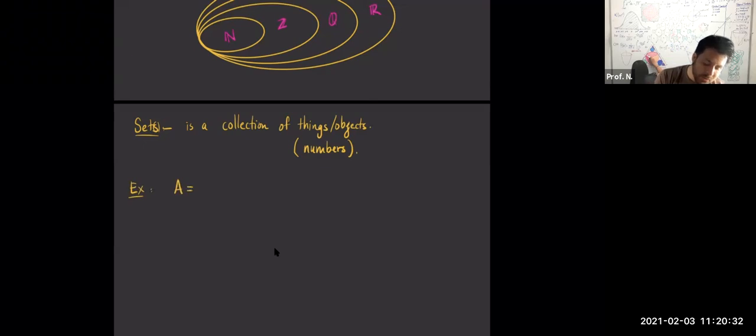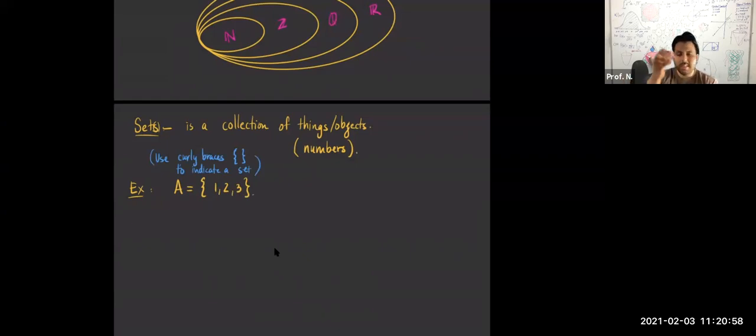We're going to use curly braces to indicate a set. So when we say, for example, A includes the set 1, 2, 3, A is a set that includes the numbers 1, 2, 3. So this set has 3 elements. A is a set that contains 3 numbers, and these 3 numbers are 1, 2, and 3.